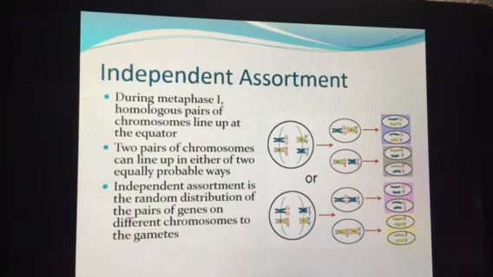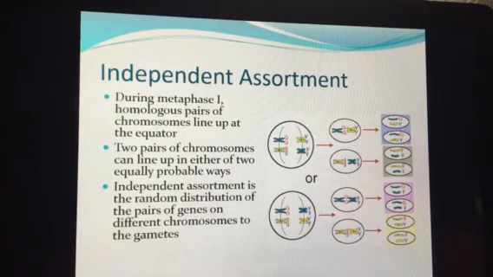The other one is independent assortment. This happens during metaphase 1, where the homologous chromosomes are lined up along the equator, and the 2 pairs of chromosomes will either go one way or the next. Now, if we can see this, it's going to be kind of an independent distribution of these homologous chromosomes so that the genes or the gametes can go to different ones. This is also why, no matter how many times your body goes through this, you're not going to see the same chromosomes in the same cells.